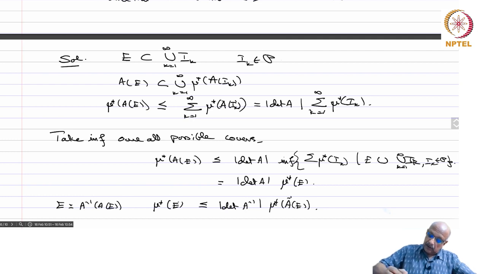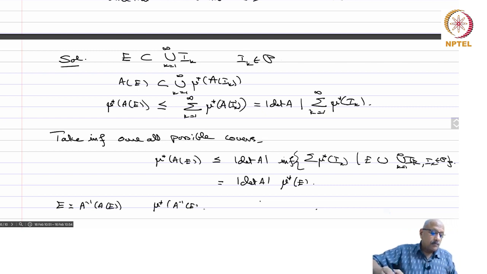Sorry, let me write it differently. Mu star of E, which is mu star of A inverse of AE, is less than or equal to mod determinant of A inverse times mu star of AE.